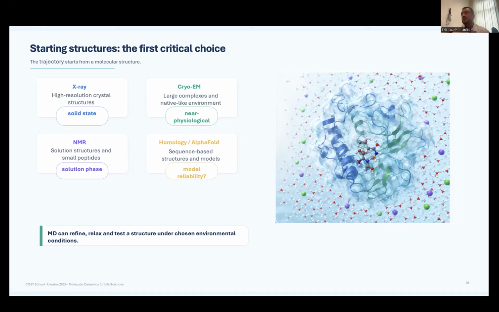In the last years, with the breakthrough of machine learning and artificial intelligence methods, we also have other robust options provided by computational techniques, for example, homology modeling and the AlphaFold server, which are able, from the basic amino acid sequence, to provide by computational methods the initial structure of your protein.